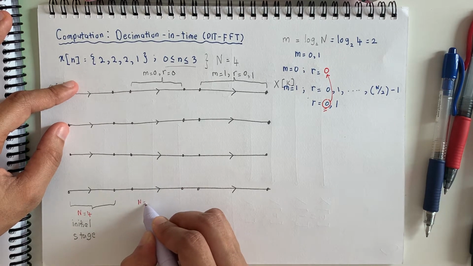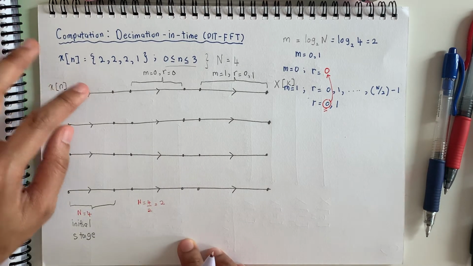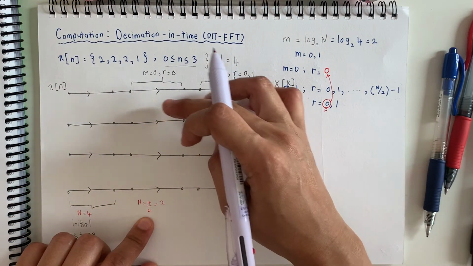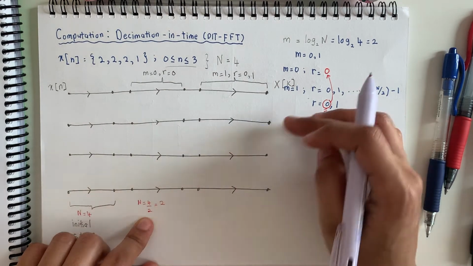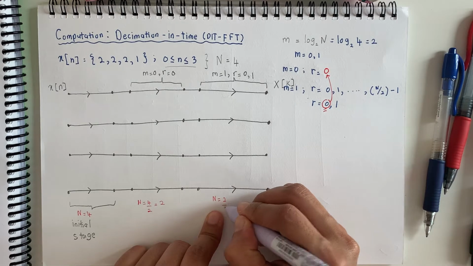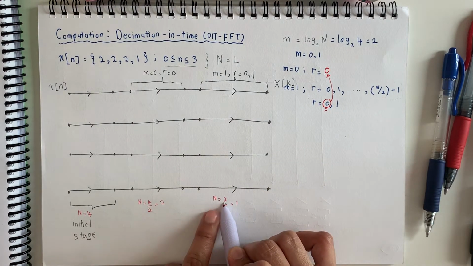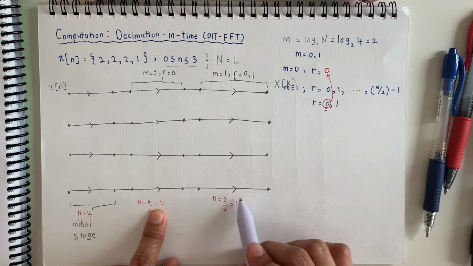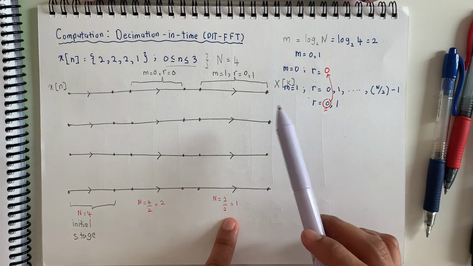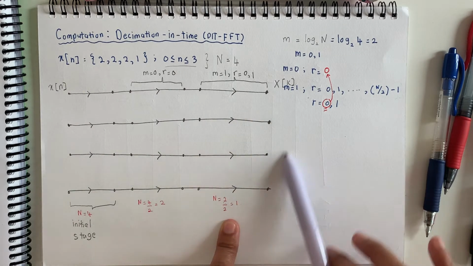Your next N is 4 divided by 2 equal to 2, which means at M equal to 0, under this structure, we have 2 groups. Then 2 divided by 2 equal to 1. Where do I get 2? This 2 is coming from here. So 2 divided by 2 equal to 1 means we are going to form from 4 lines one big group.